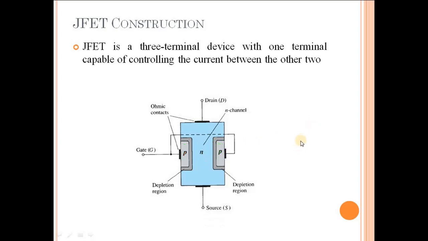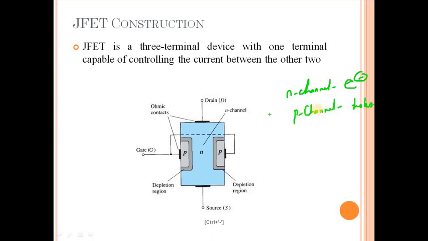It is significant here why the nomenclature drain and source has been used and why the nomenclature gate has been used. So basically we'll see one common thing, irrespective of whether it is a p-channel JFET or n-channel JFET. In an n-channel JFET, the charge carriers will be electrons, whereas for a p-channel JFET, the charge carriers will be holes.